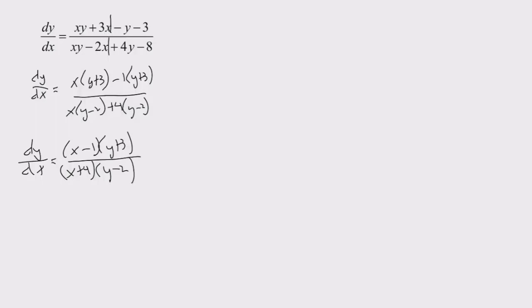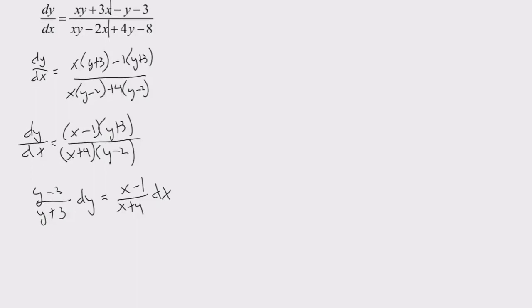So then we just need to move terms around. On the left side I'll have y minus 2 over y plus 3 dy, and on the right side I'll have x minus 1 over x plus 4 dx. Okay, now at that point we just want to integrate both sides, but what integration technique makes the most sense?